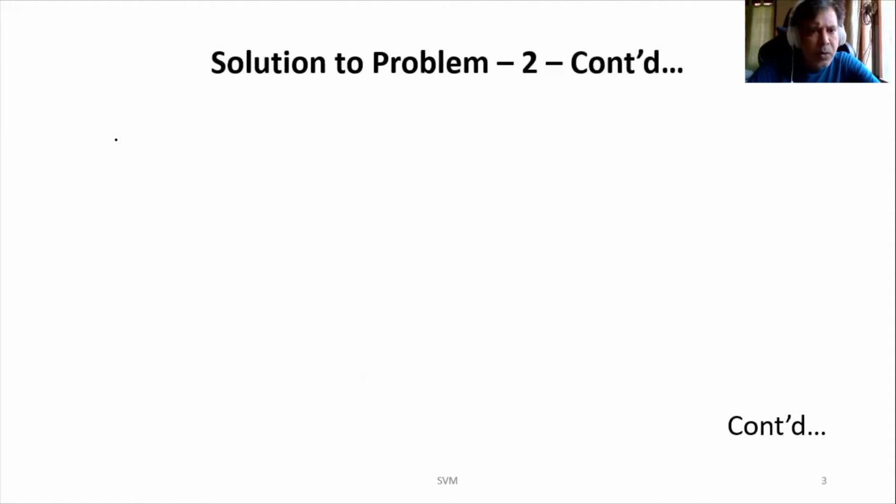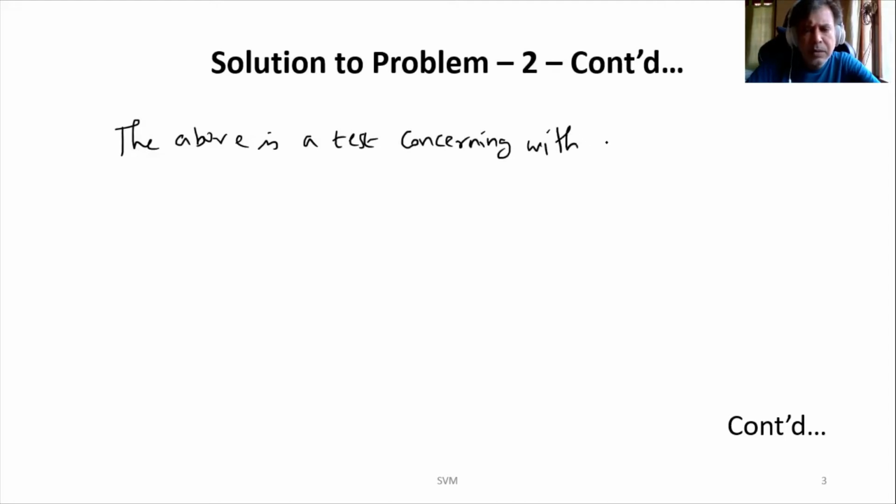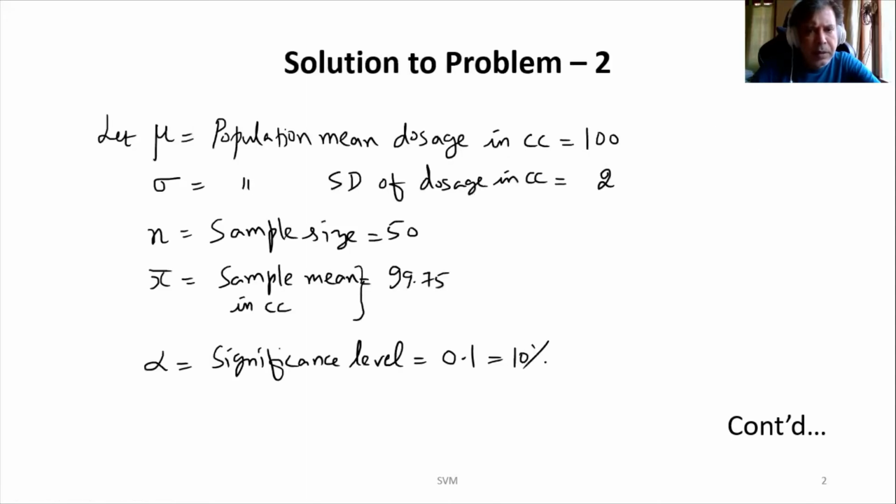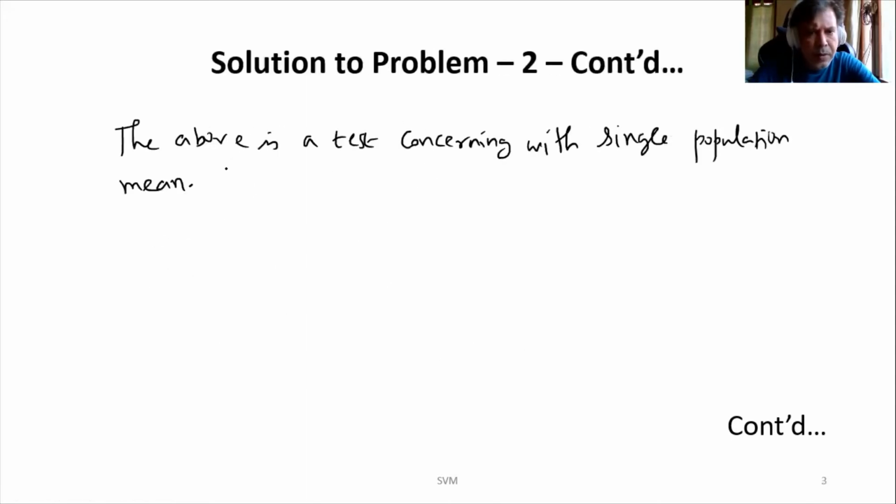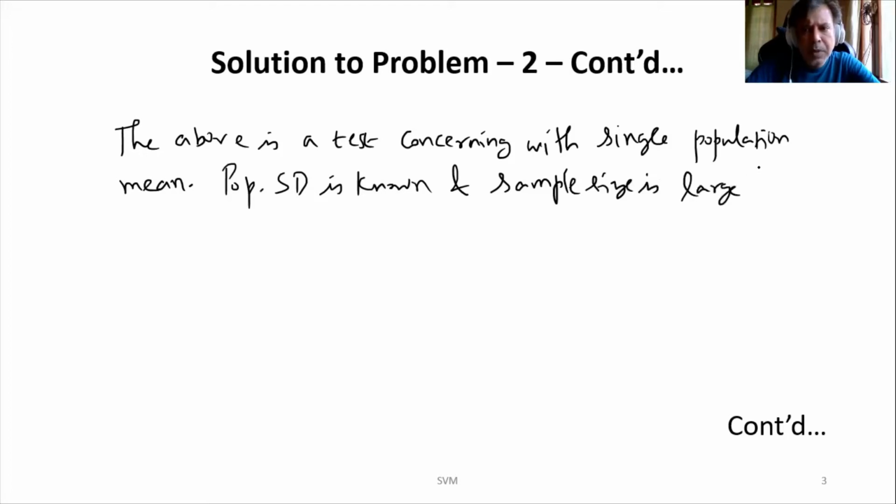So the above is a test concerning a single population mean. Further, the population standard deviation is known and the sample size is large, because n, which is 50, is larger than 30.